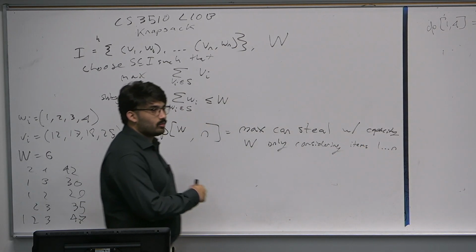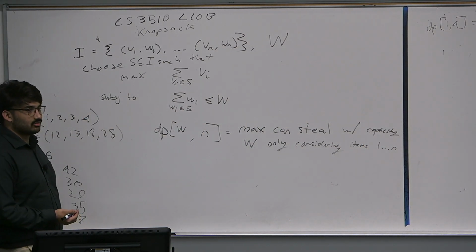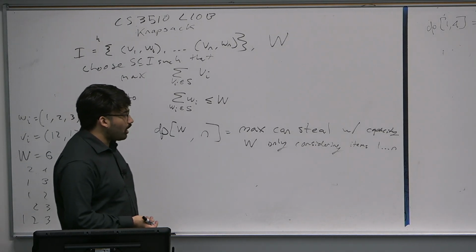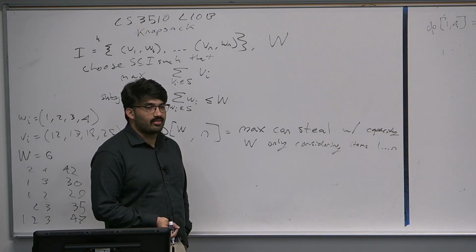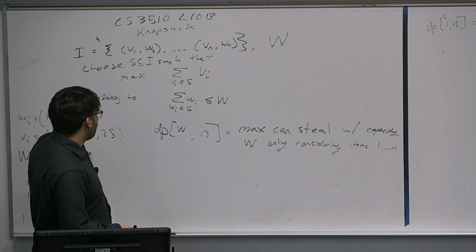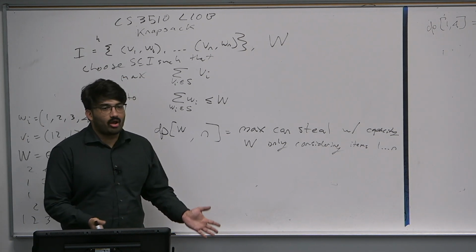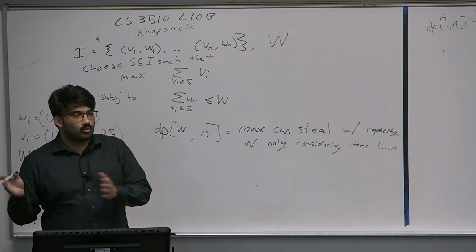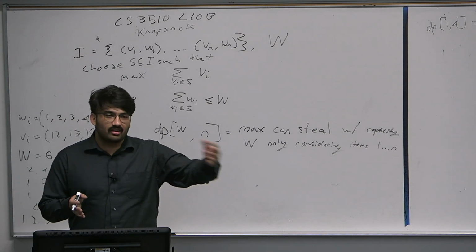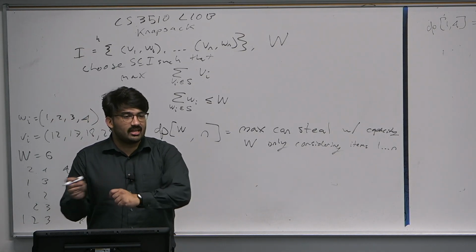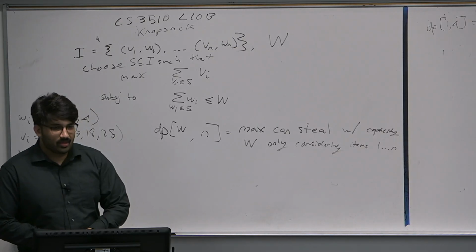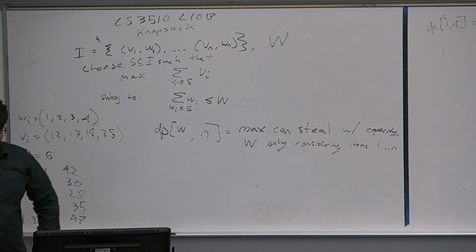Now DP of W comma n is going to end up being the final answer, right? Now, like house robber, it's not necessarily true we will steal the nth item. And here we, in fact, did not. But it's considering items 1 through n. So when we make this a subproblem, n minus 1 will be considering only items 1 through n minus 1. And then as we consider the next item, that may change some of the subproblem, right? That's what we want to do.